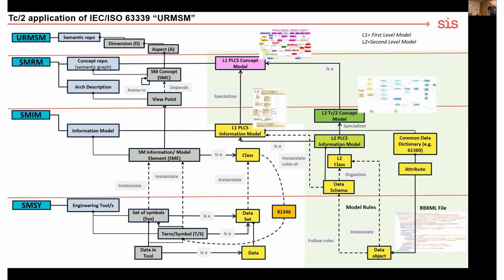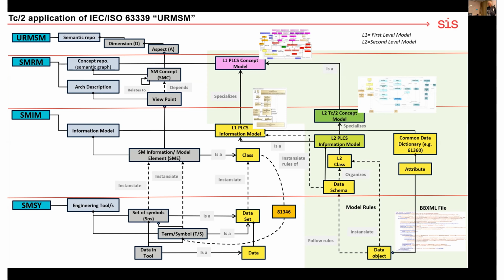It has a different schema for each concept. So one concept in the Kockums conceptual model is one schema in the BBXML, and then you can instantiate an XML file.